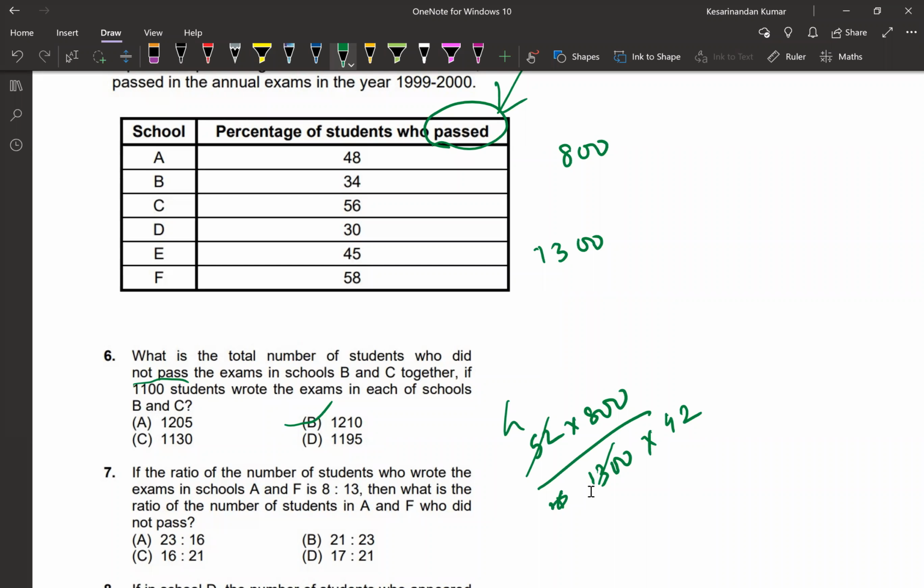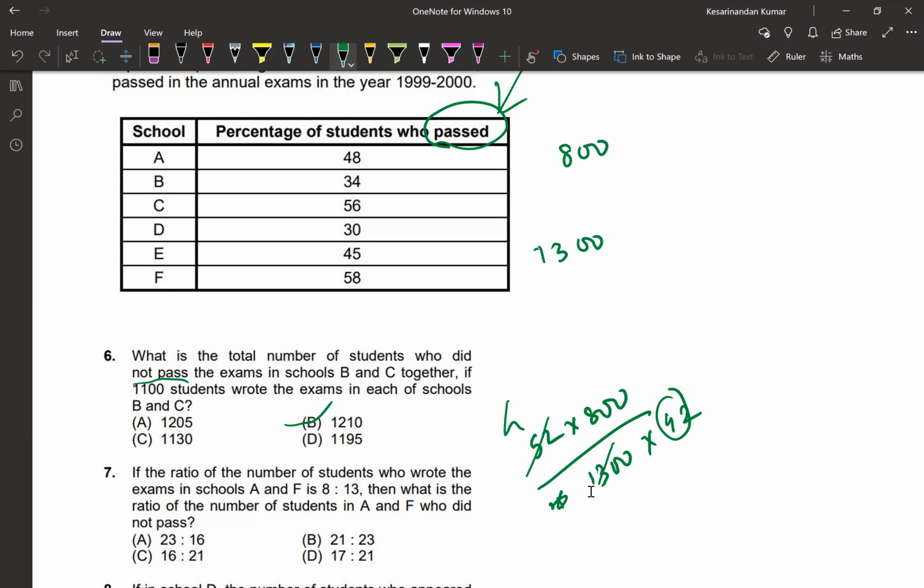First will be the probable option. How come? Is there a 42 present here? Is it or is it not? Yes. In the numerator, is there any multiple of 7 present? No. So will there be a 7 present in the denominator? Yes. So your answer in the final options C and D should also have 7, right?